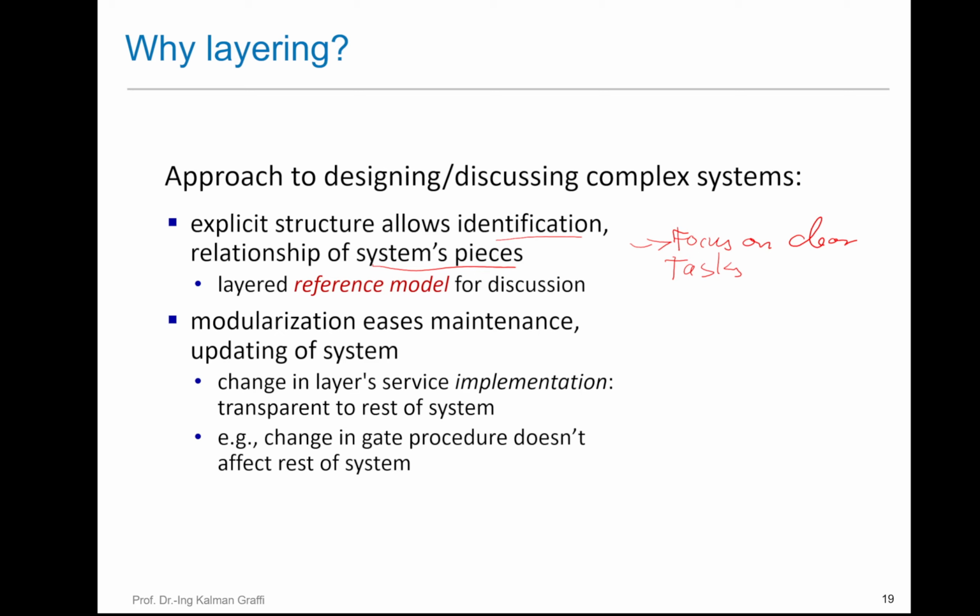By splitting a big task of networking into smaller tasks, it's easier to maintain and easier to provide proposals for how to do it, because as the interfaces are fixed, you can change the implementation as long as you maintain the same interface.